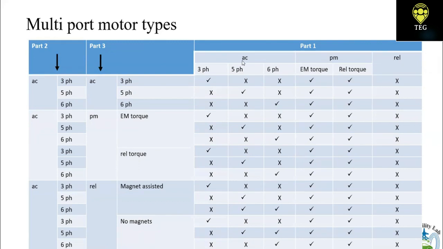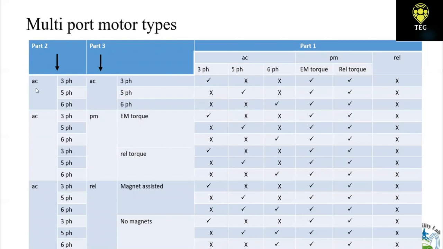If I give an AC excitation to part one, I can have three phase, five phase, or six phase excitation. If I use permanent magnets in part one, it can be something like in a BLDC machine, or something like in a permanent magnet synchronous machine. Same thing I can have for part three, also part two.